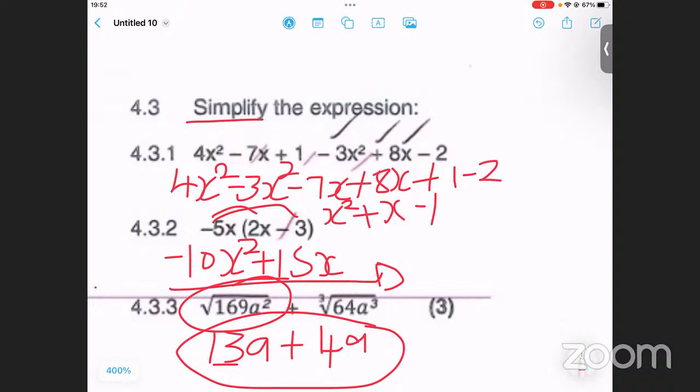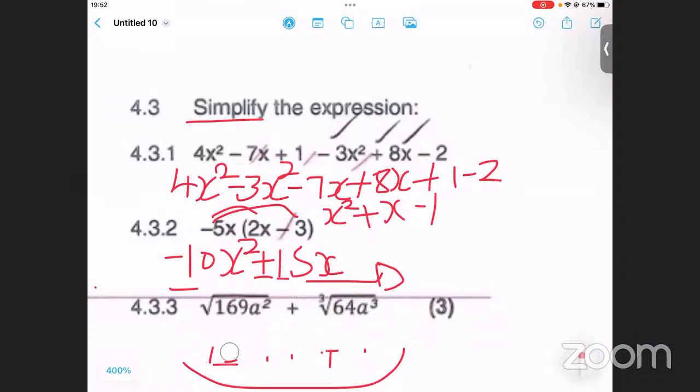Ma'am, so I found the square root of 169, and that gave me 13, and then I divided a squared by 2, ma'am. Not by 2, ma'am. I minus a squared with 1, so it gave me a.